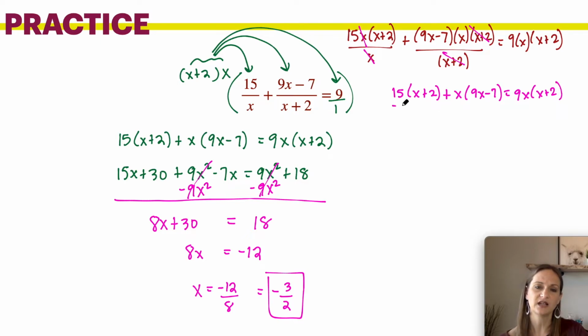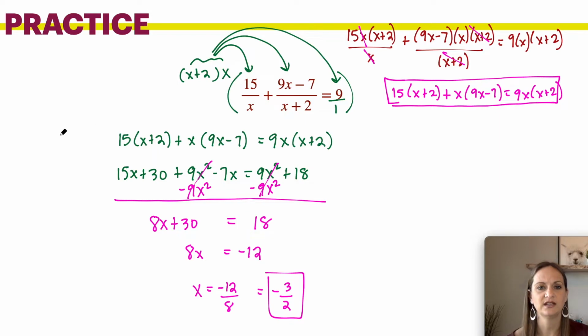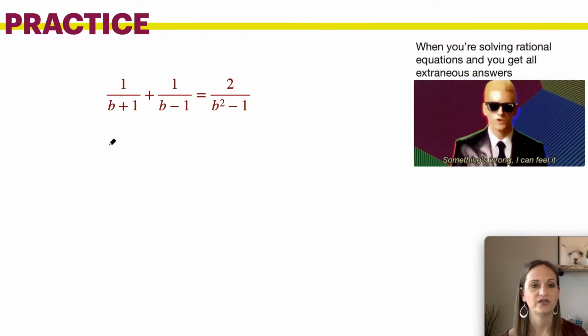And if you notice, this entire equation is the exact same equation over here. So again, it does not matter which way you want to do this, you will still get the exact same answer. So let's practice with another type, and something happens at the end that I want to show you. So again, first, let's factor what we know.